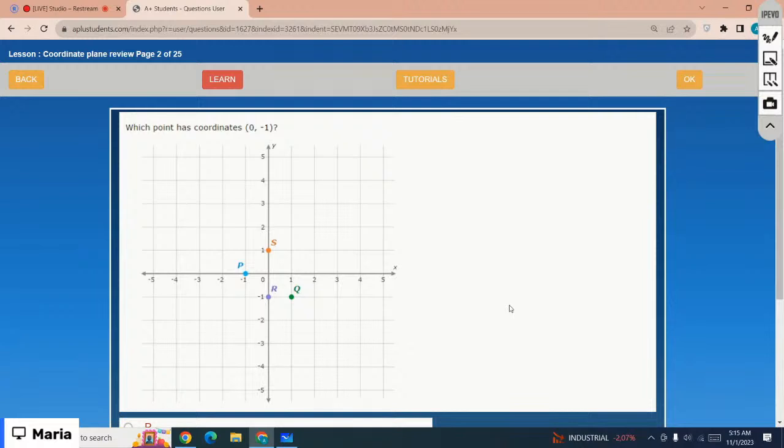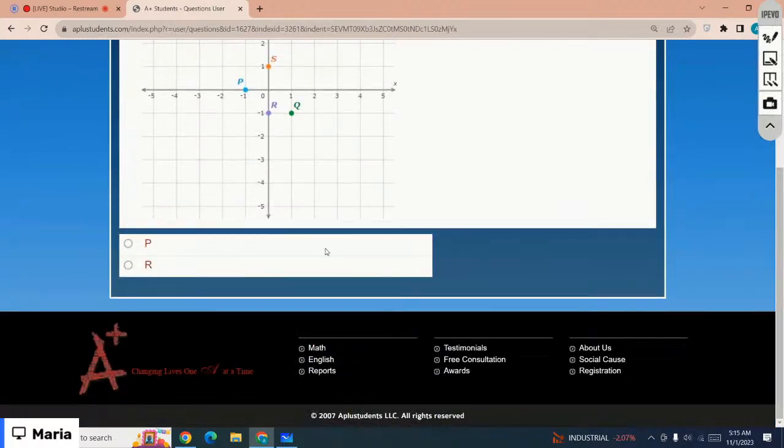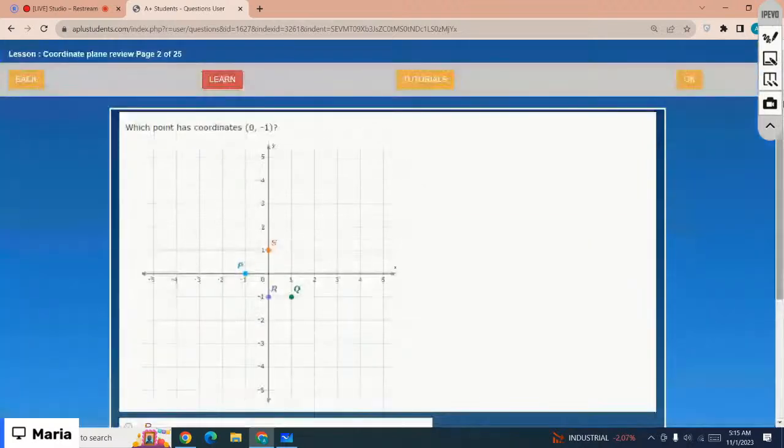X is 0, y is -1, right? That means the point must be on the y axis because x is 0 on the y axis. So here it is. R has the coordinate x is 0 and y is -1, right? The correct option is R. The first value is always the x value, right?